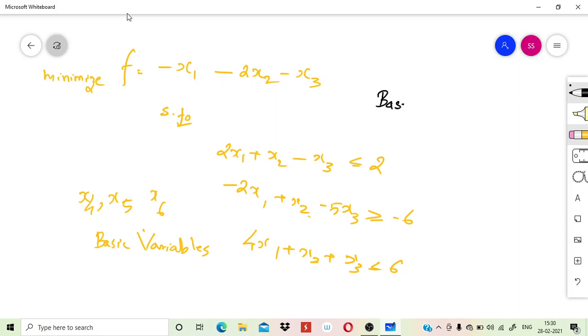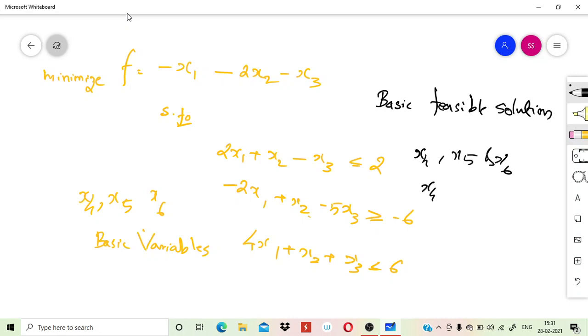Basic feasible solution we got at that time in applying the simplex method. So how we found the basic feasible solution is, we equate the non-basic variables equal to 0, and we got some either positive or 0 solution for the basic variables x4, x5 and x6.